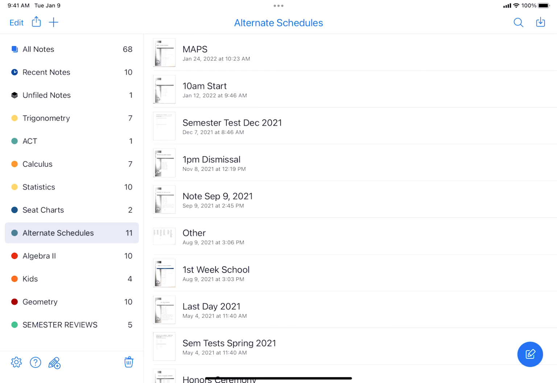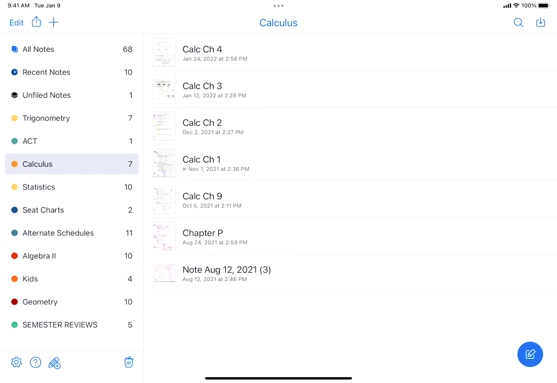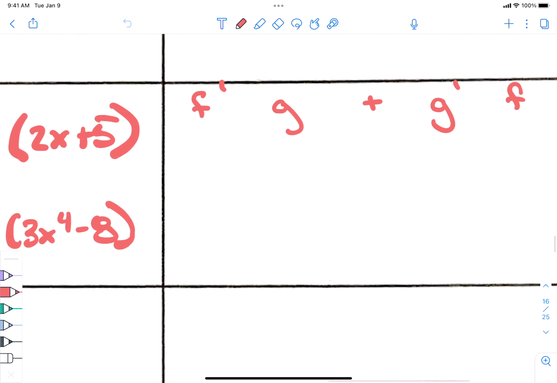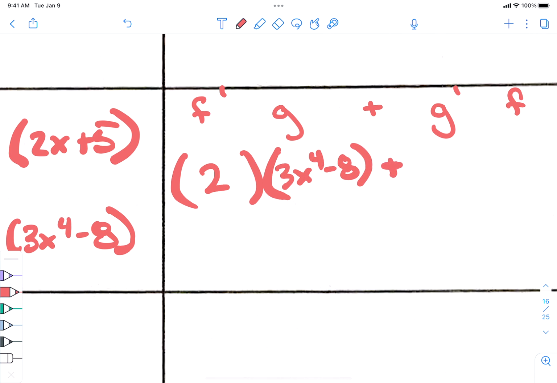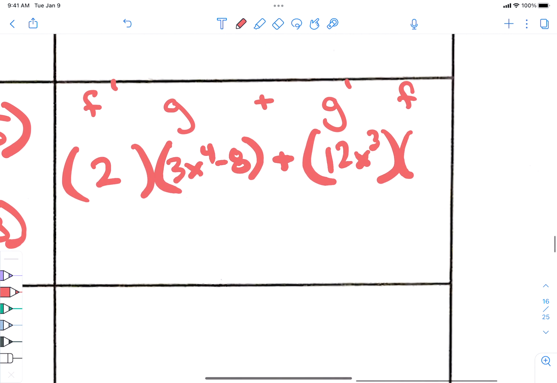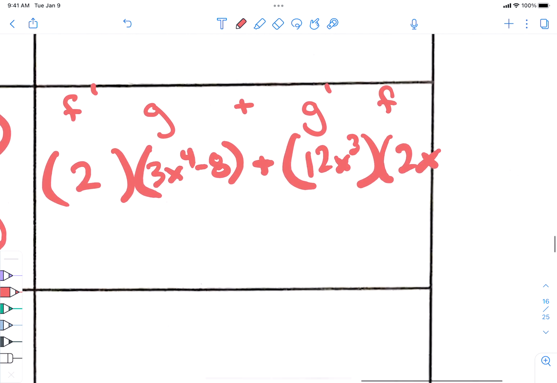Okay, let's finish this and then we'll be done. Here we go. What's F prime going to be? 2 times G, 3x to the 4th minus 8, plus G prime, 12x cubed, times F, which is the same, 2x plus 5.